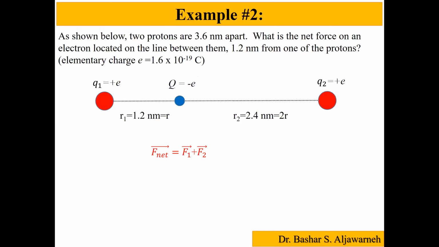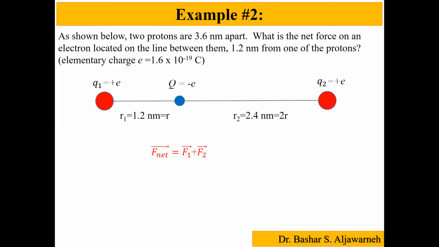Now, let me calculate F1. F1 equals K Q1 times capital Q divided by 1.6 nanometer squared. Now, plug in the numbers, and you will get 9 times 10 to the power minus 11 Newton. But the direction here, be careful. The line of action here is along the y-axis.